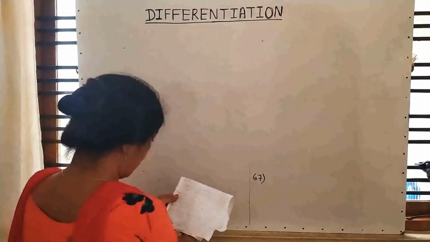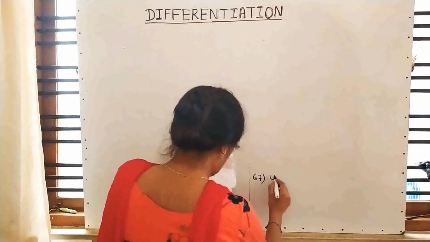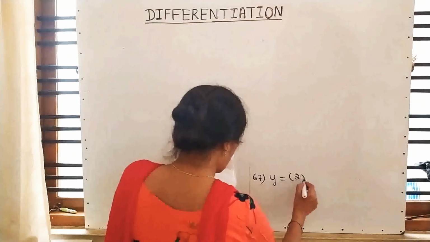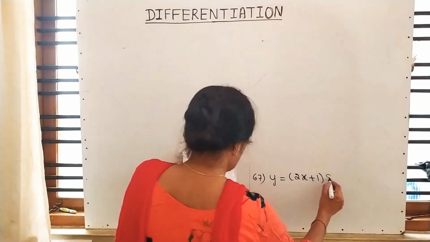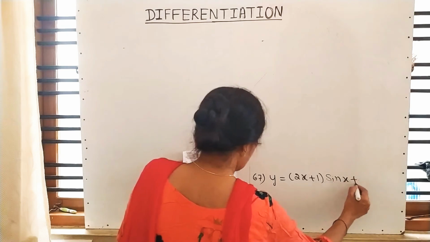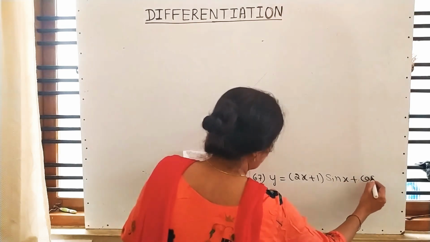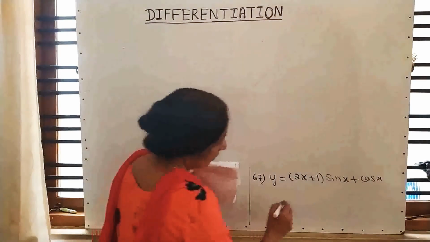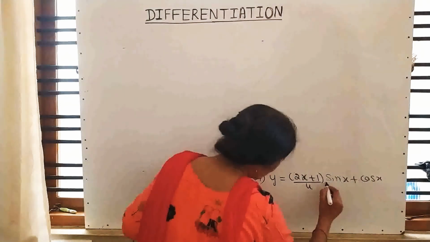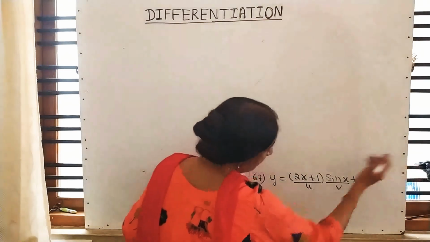Question number 67. y is equal to 2x plus 1 into sin x plus cos x. See here, this is u into v, and the middle plus is separate differentiation of that.